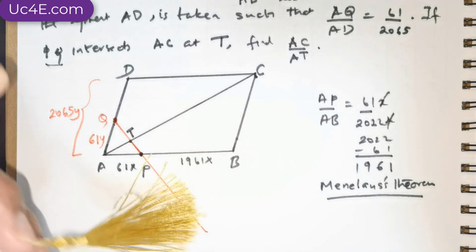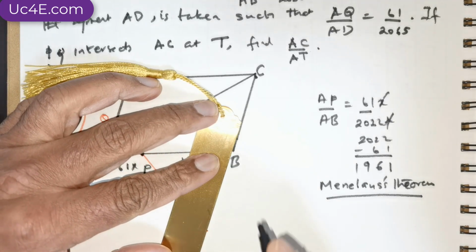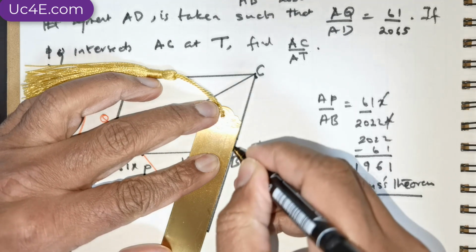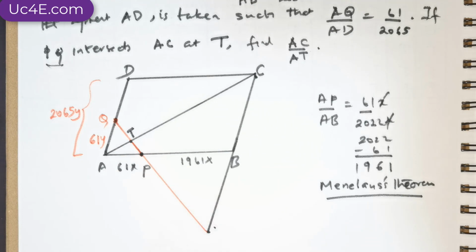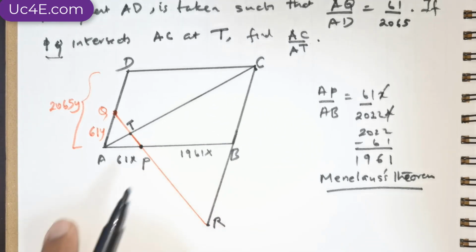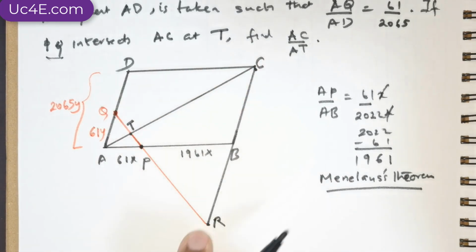So having mentioned that, let me just go on to extend this line and join it at this particular point R. So we got a full-fledged figure. Now why did I extend this?